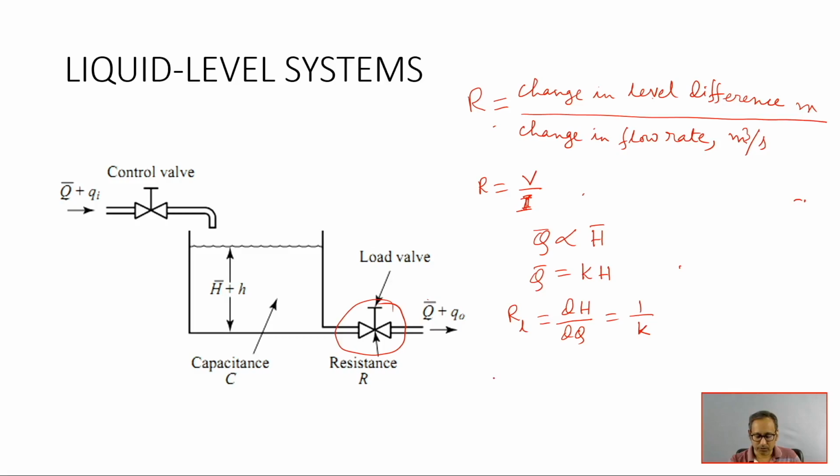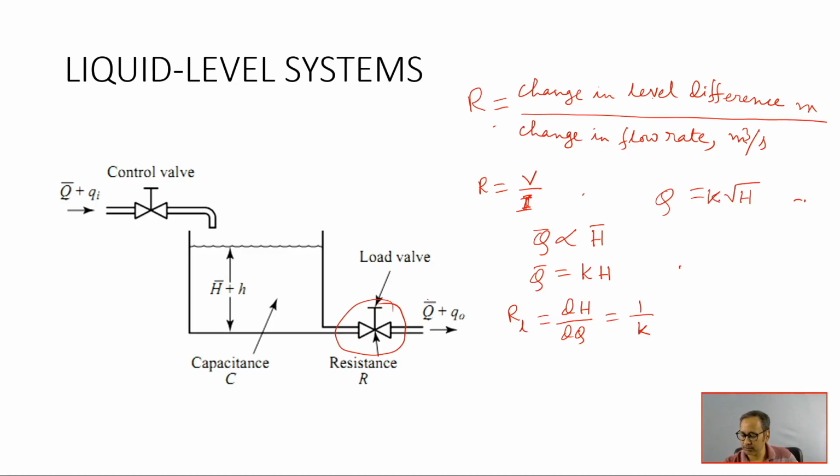Okay. So, now if the flow through the restriction is turbulent, then you can write that Q will vary with under root H. You must have seen this in case of orifice flow.